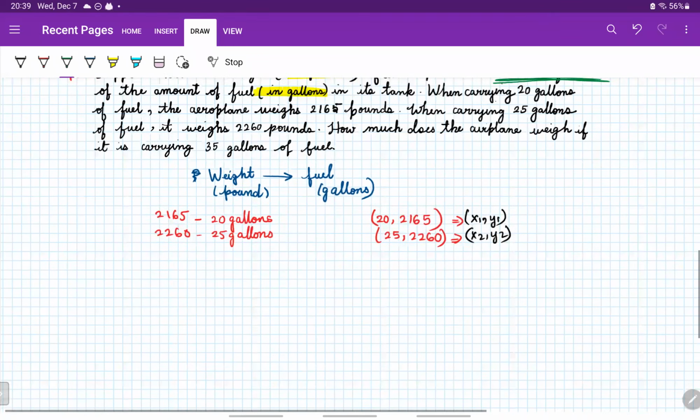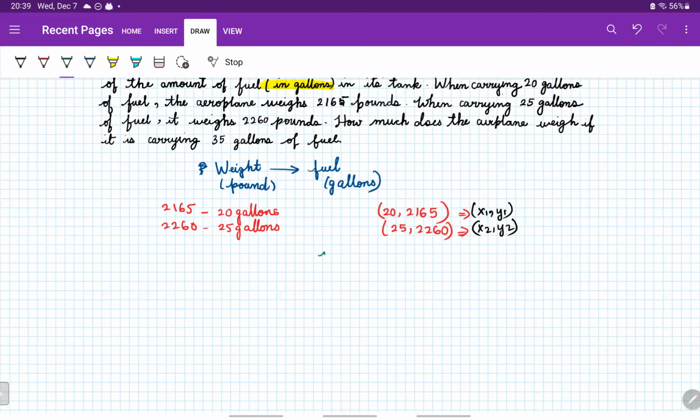So we write our equation, which is of the form y equals mx plus b. Here we need the slope, and to find the slope, we need 2 points, which we are given here. So our slope formula is again y2 minus y1 over x2 minus x1.